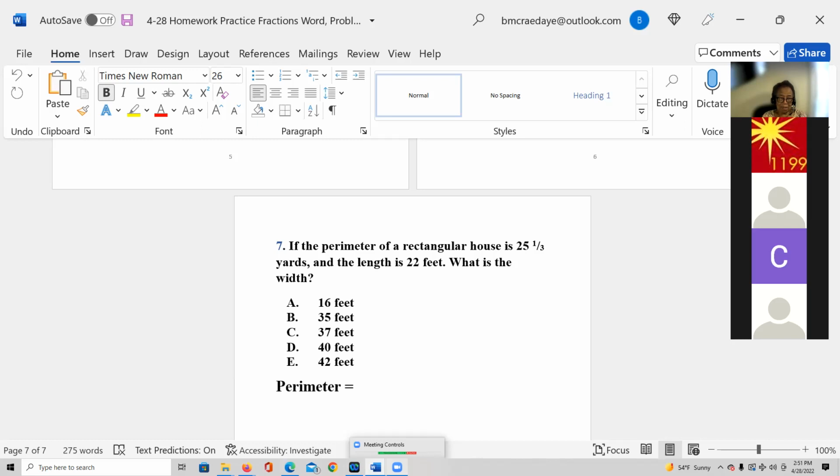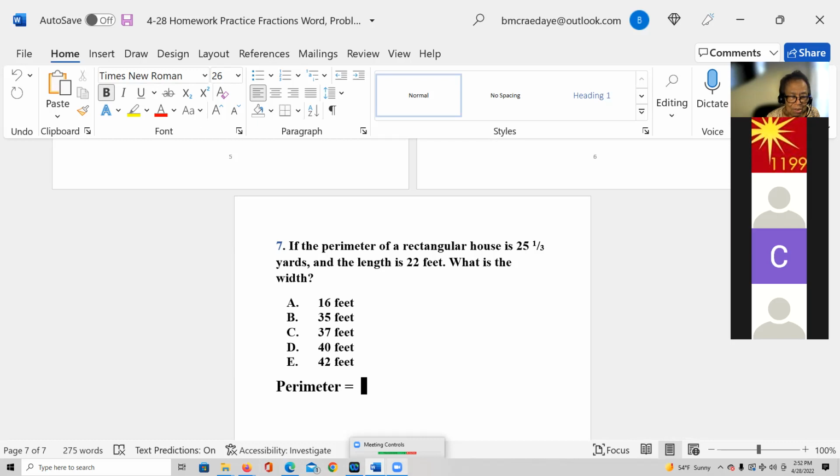What's the formula for the perimeter of a rectangle? Okay, Maureen, what did you say?